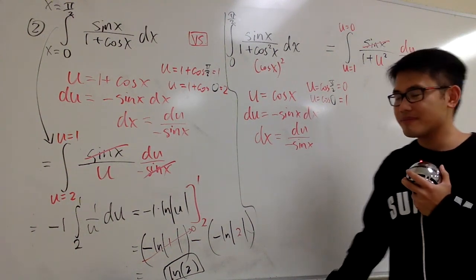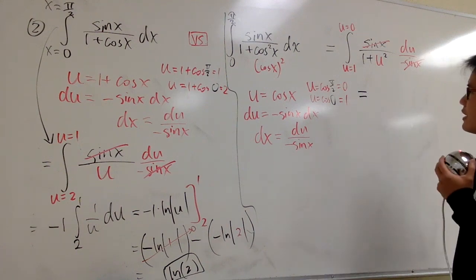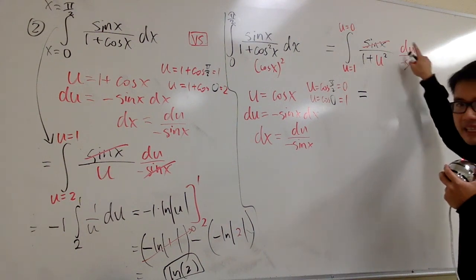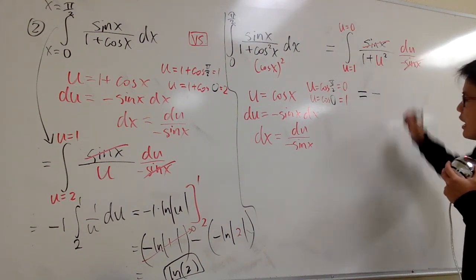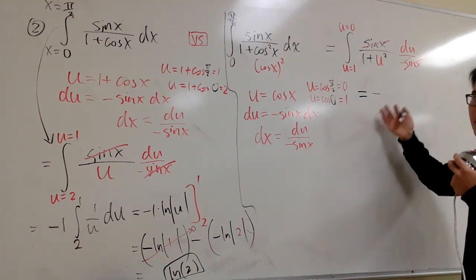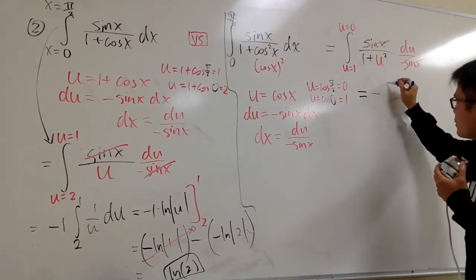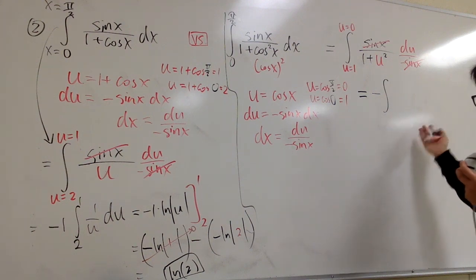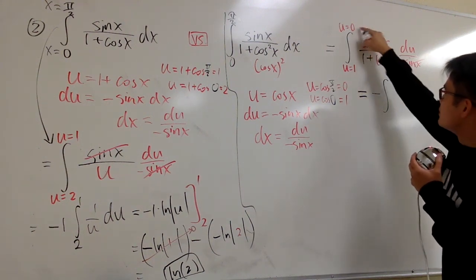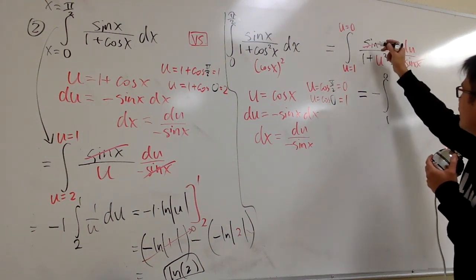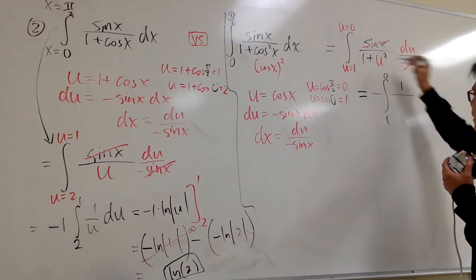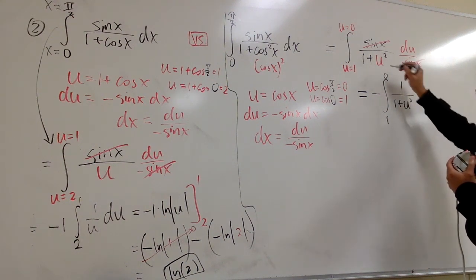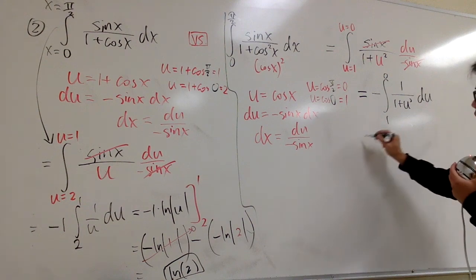That's very nice. So we can continue. Let me write it down right here. We have a negative 1 right here, so let's take it out. And this time I'm just going to write negative, because negative 1 times the integral is the same as negative integral. Negative integral from 1 to 0 of 1 over 1 plus u squared du.